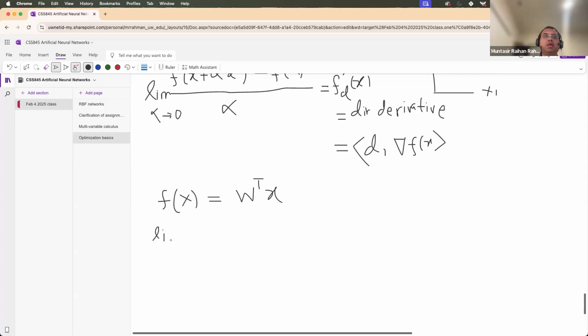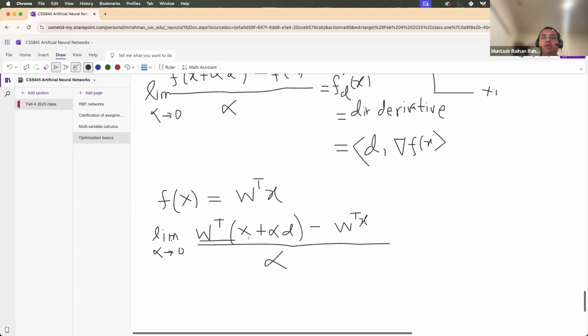So it's going to be the limit as alpha tends to 0. I am going to take x plus alpha d. That's the value of f at x plus alpha d. I'm going to subtract the value of f at x, which is w transpose x, and we divide it by alpha, right? And you see this term w transpose x and w transpose x are the same, so this is going to go away.